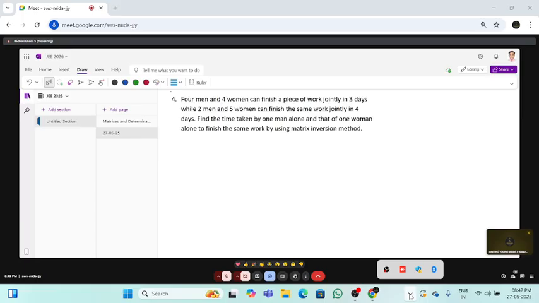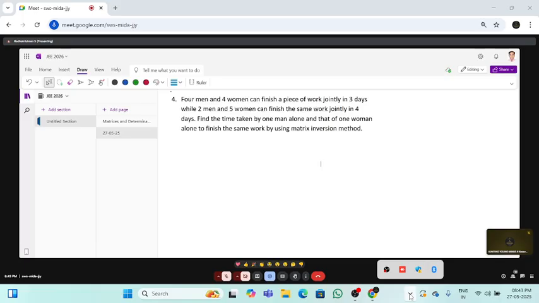Can we say Pranjal? What is your set of equations, and what is your coefficient matrix, and what is your B matrix? How did you formulate this?